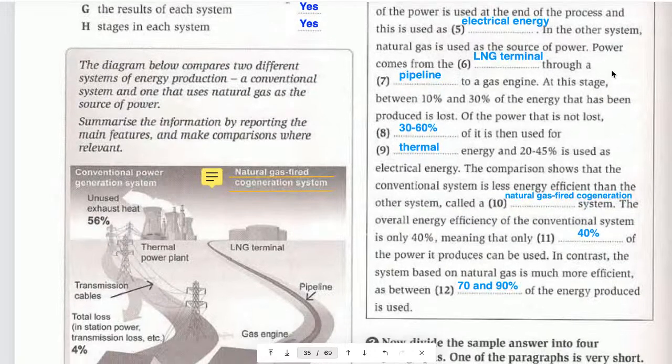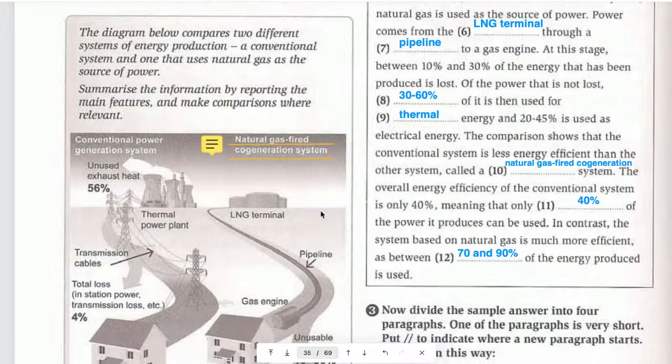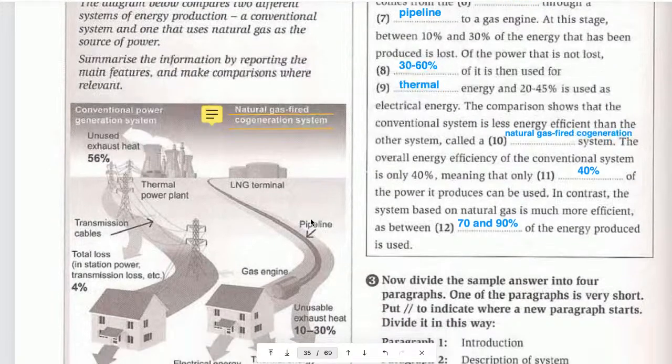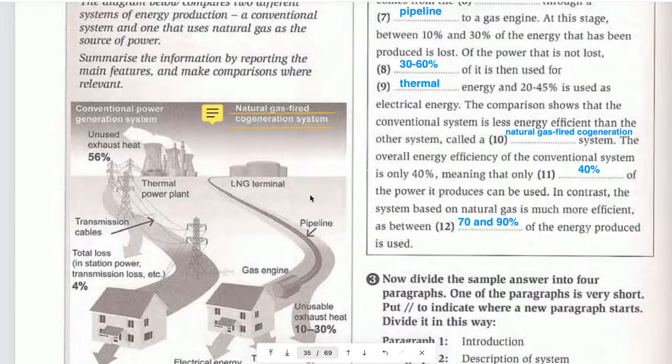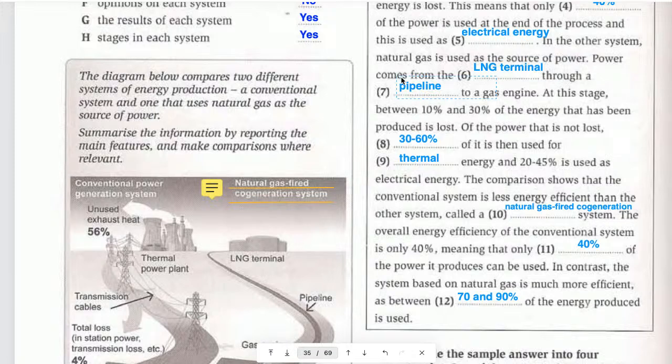Okay, and next one, they say power comes from the LNG terminal. Where can we see that information? At the first stage of the system, right? You can see they mention LNG terminal. So that means power comes from the LNG terminal through what? Through a pipeline.